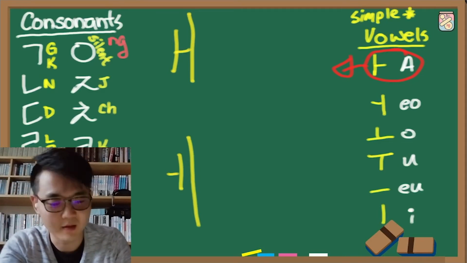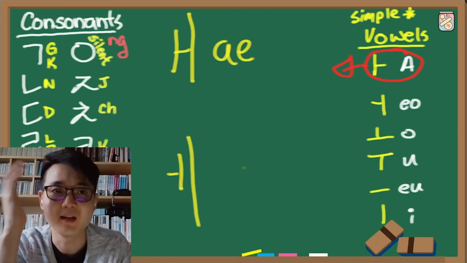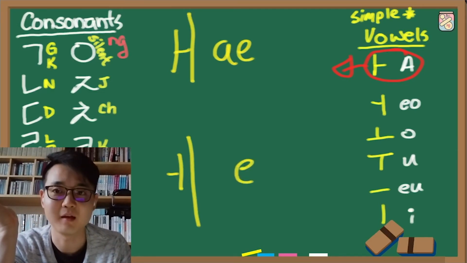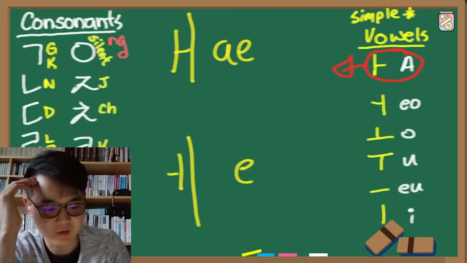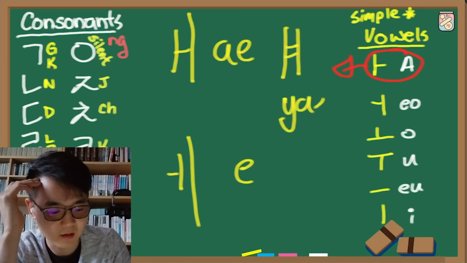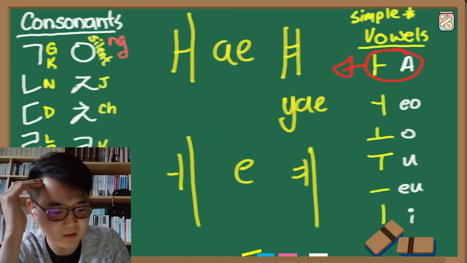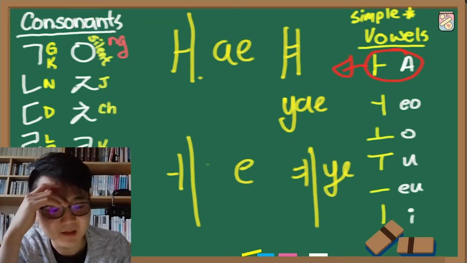E being A, E, and this E being E. Kind of like AEIOU. And if you add another stroke to these, it becomes Ye. And if you add another stroke to this one, it becomes Ye. Again, these pretty much exactly sound the same.